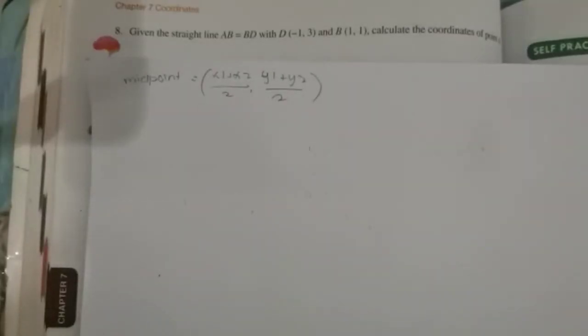Given the straight line AB is equal to BD, with D is -1, 3 and B is 1, 1.